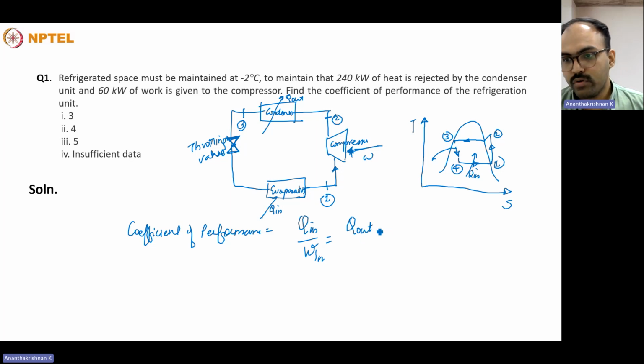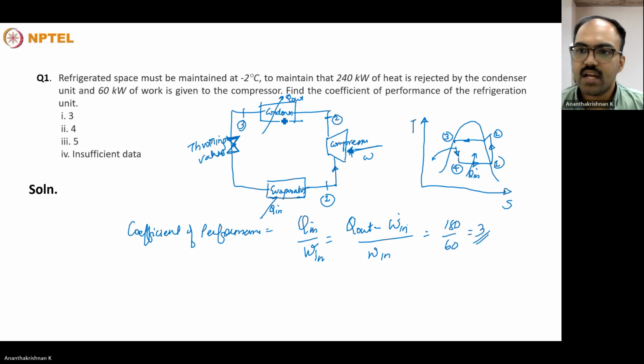So Q in will be equal to the heat rejected in the condenser minus the work input, divided by the work input. It's given 240 and 60, so that will be 180 by 60, that is 3. And the -2 degrees Celsius is surplus information which we do not require in this problem. So the answer is 3.